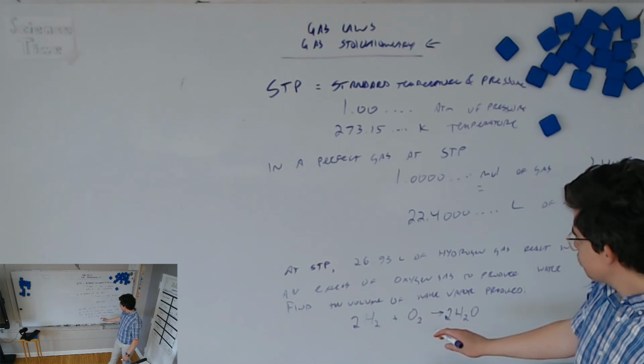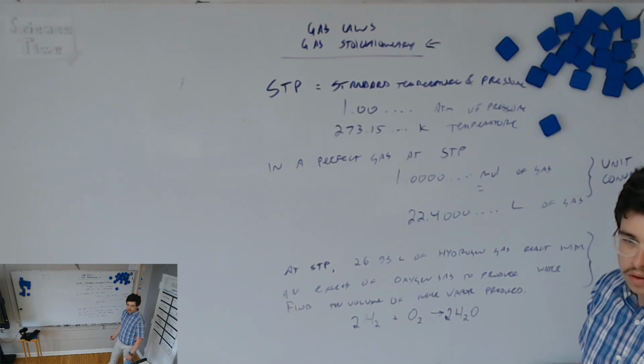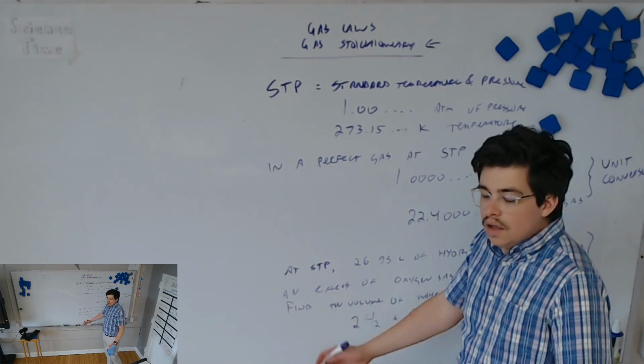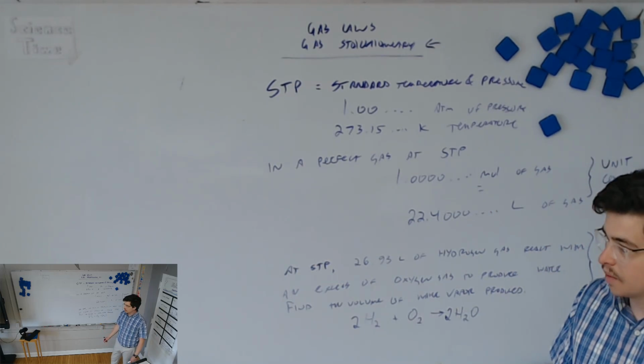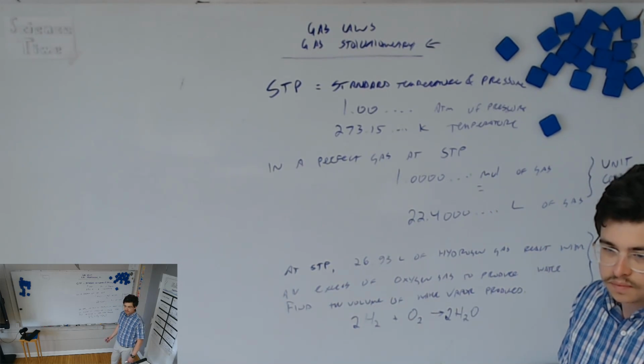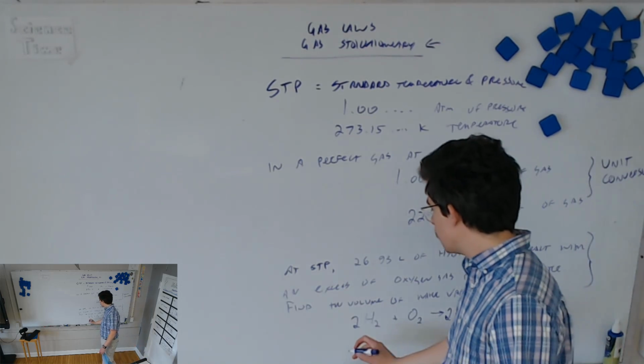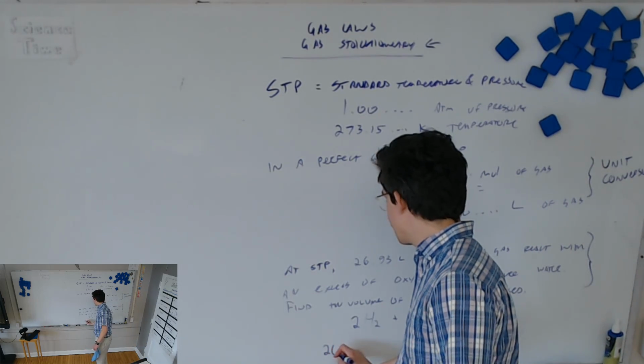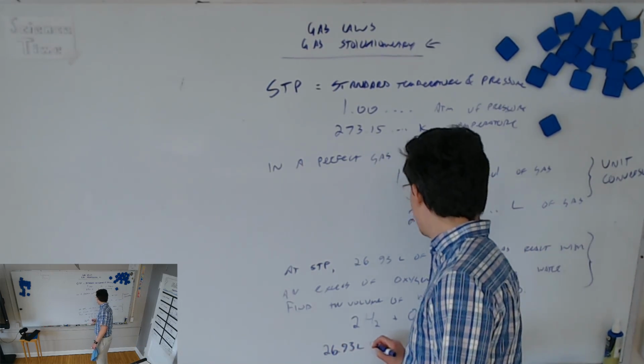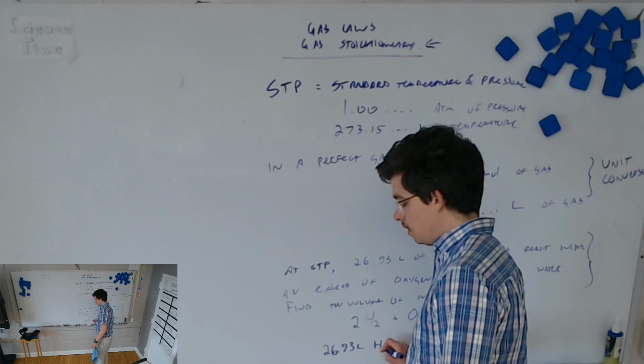But what should I start with? We start with the conversion bar. Conversion bars are so fun. So what's my given? 26.93 liters of, this is where it's very important, liters of H2.